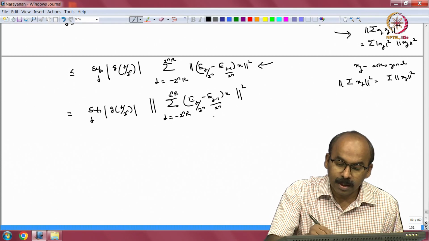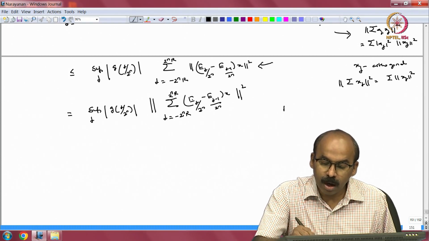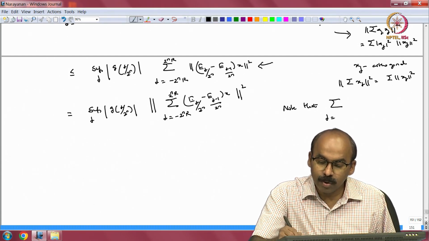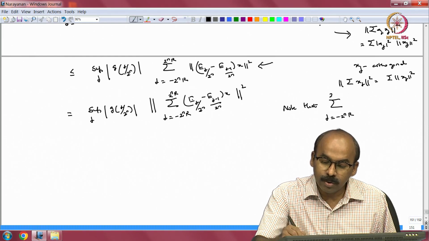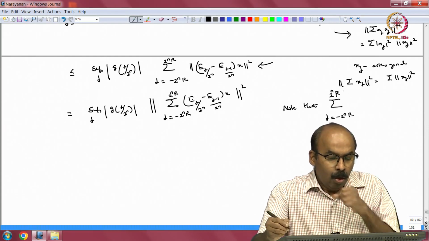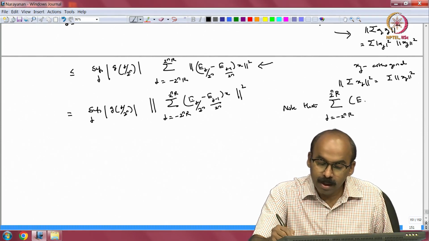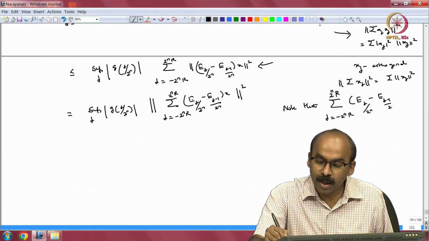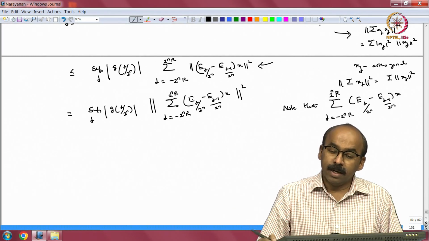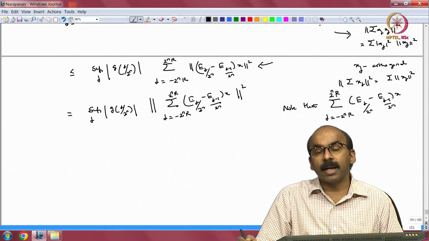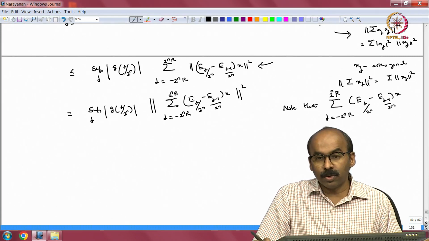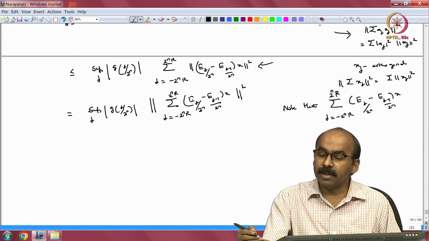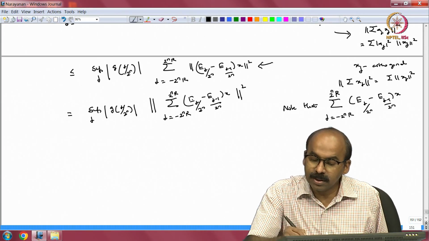So, for the inside part, note that the summation j equal to minus 2 to the n r to 2 to the n r of E j by 2 to the n minus E j minus 1 by 2 to the n acting on x: the middle terms will all get cancelled, the left end point, that is minus 2 to the n r, will survive, and similarly the right end point j equal to 2 to the n r, so that is just r.